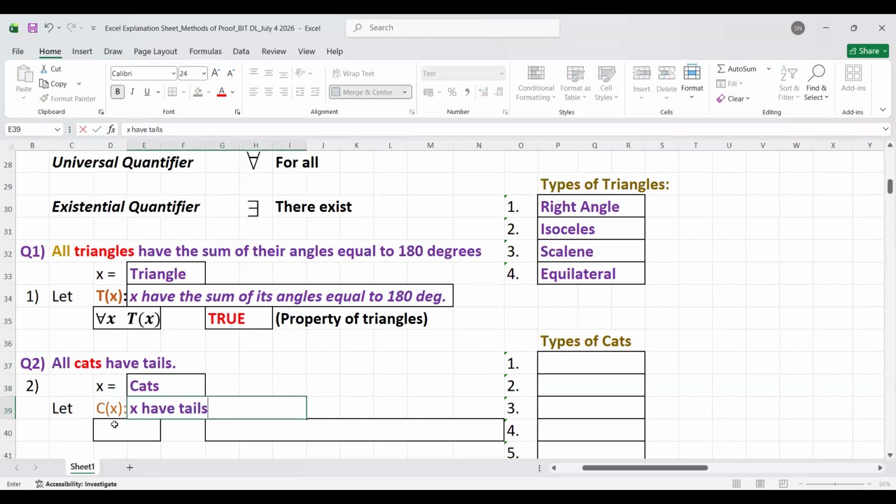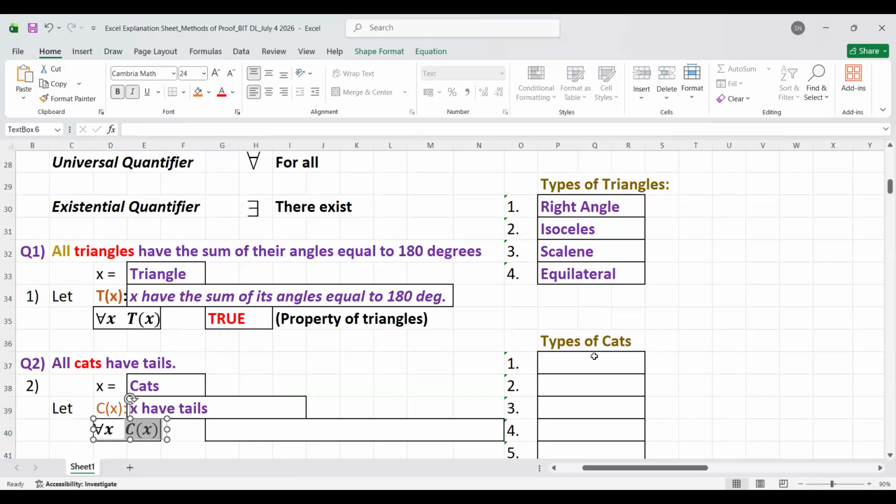Okay, so now when I use the word all, cats will be represented by "for all". So this will be for all X, but this time not T, I'm using C of X. So for all cats, that means for all X. And that cat has a tail is C of X.